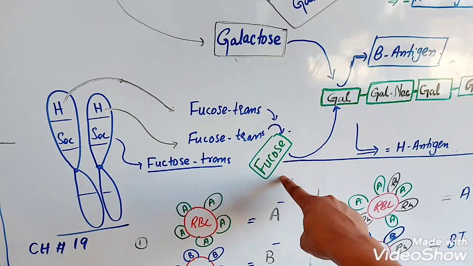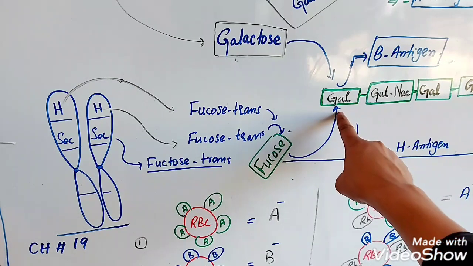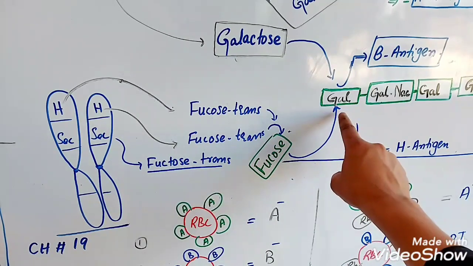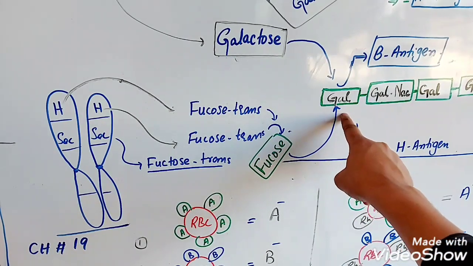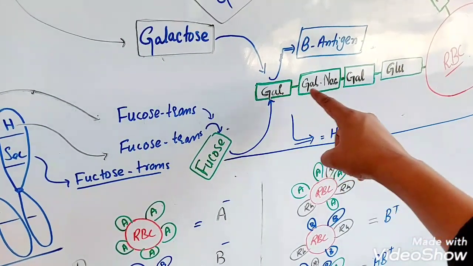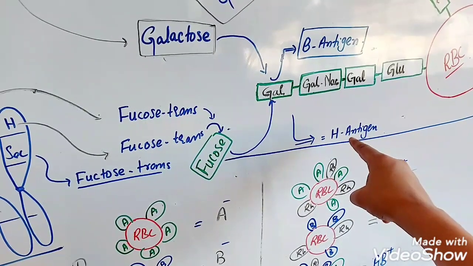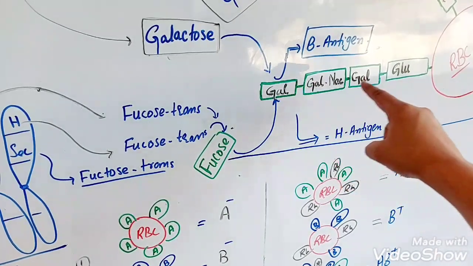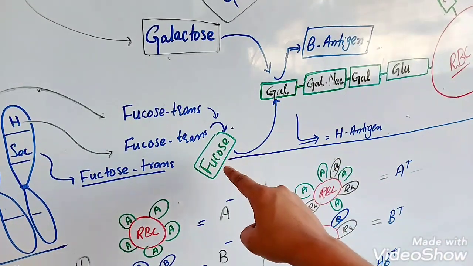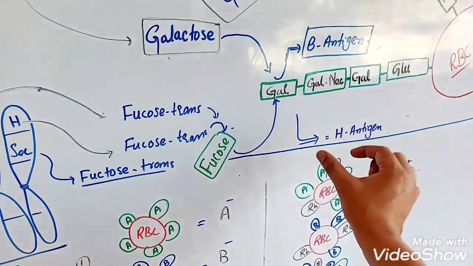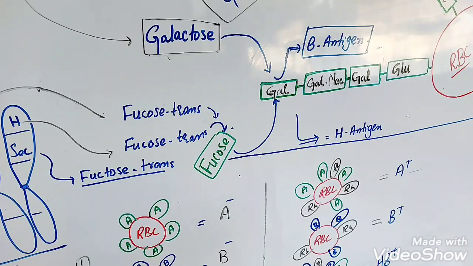It will transfer this fucose into the oligosaccharide, and after getting this fucose, the chain of oligosaccharide found on the RBCs will now be called H antigen. How does the oligosaccharide convert into H antigen? When the fucose is added into this chain, it is now called H antigen, and that's it.